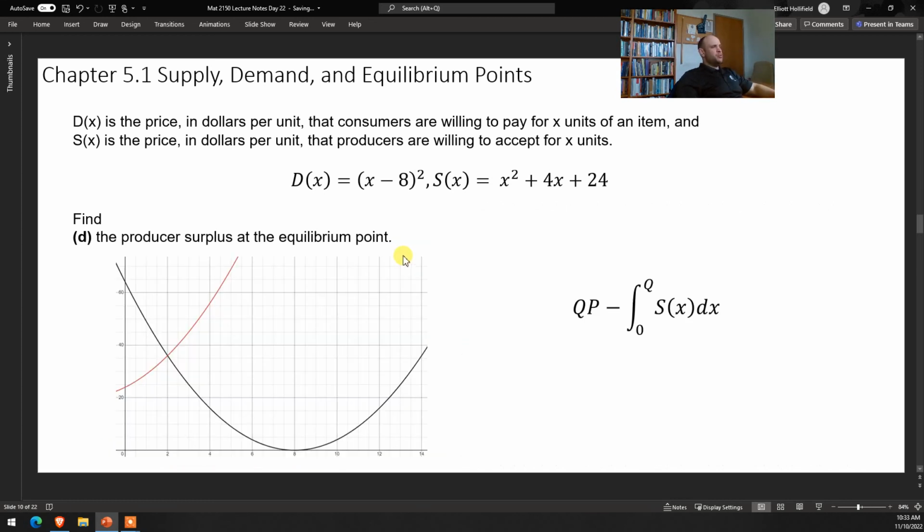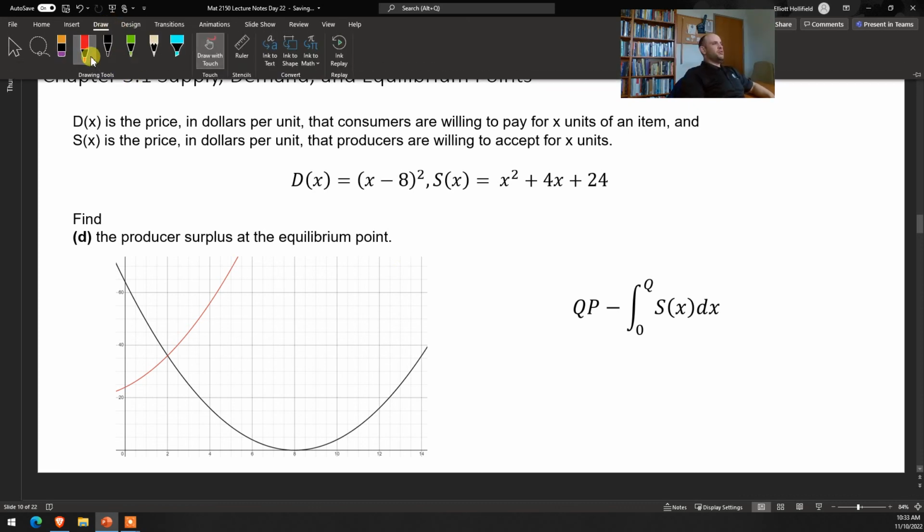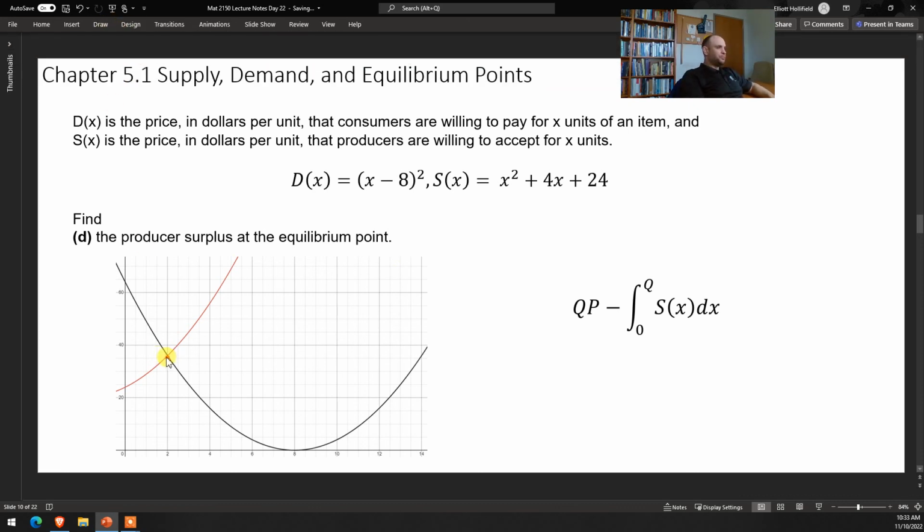Now let's find our producer surplus. Again, we start with drawing the same picture corresponding to the rectangle given the equilibrium point.